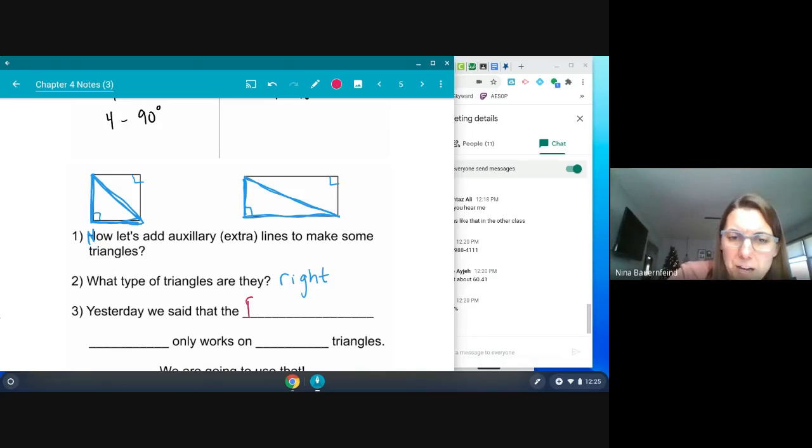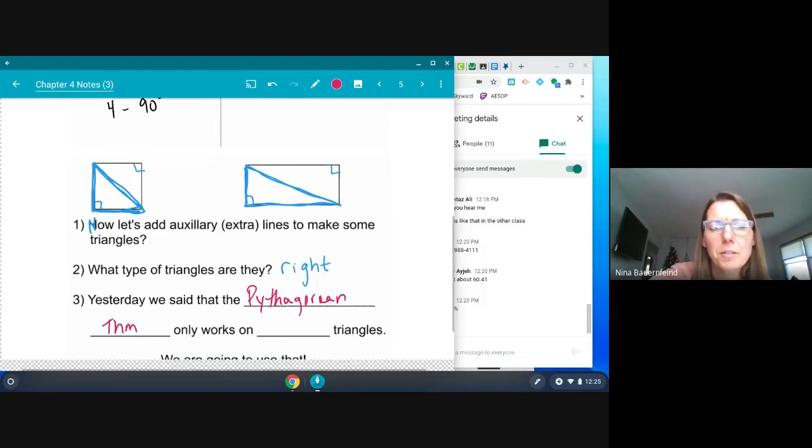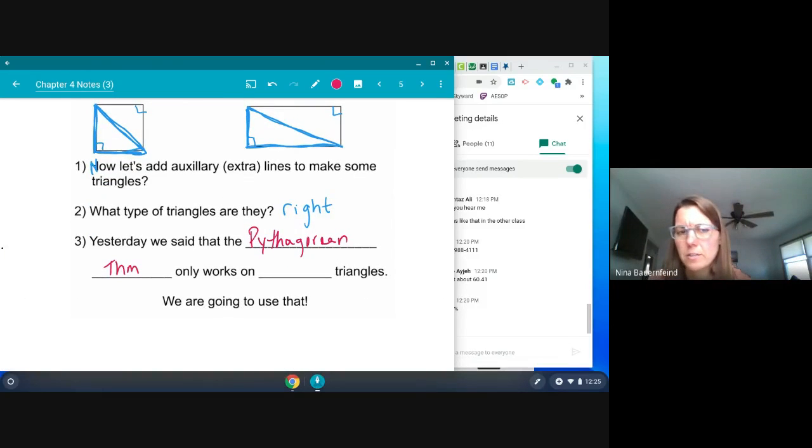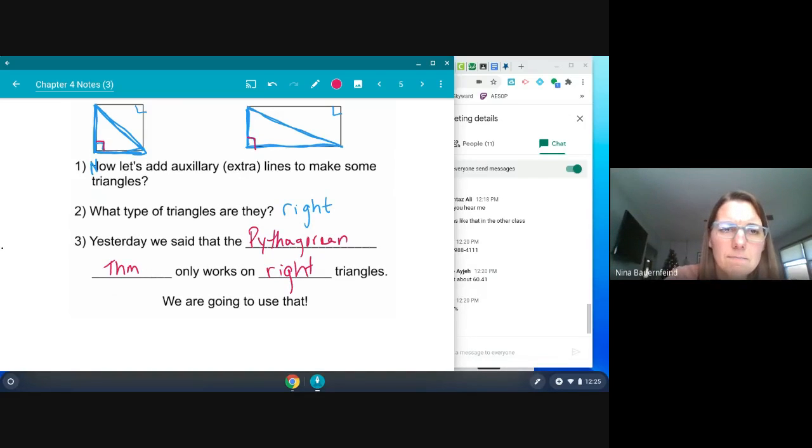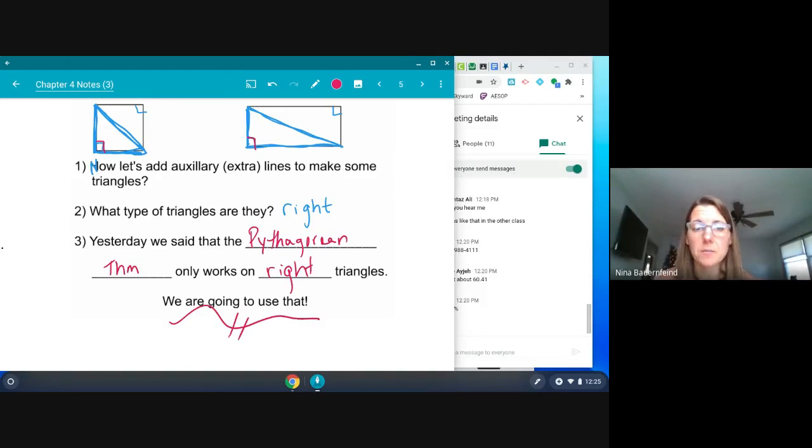We said that the Pythagorean theorem, THM is short for theorem, only works on what kind of triangles? You remember? It only works on right triangles. So like these. That's the only kind it works on. So that's what we're going to use to find those diagonals.